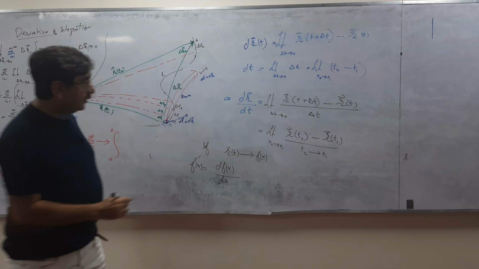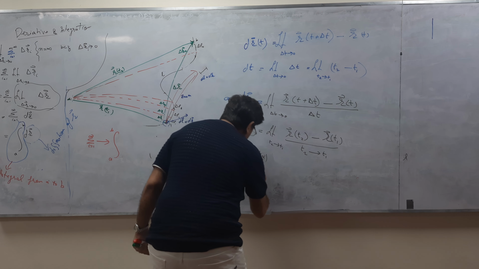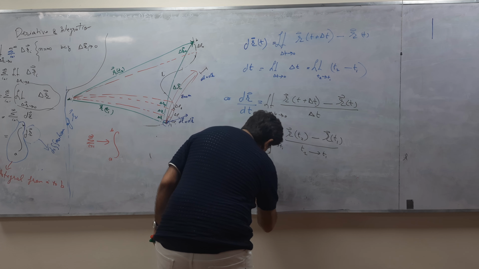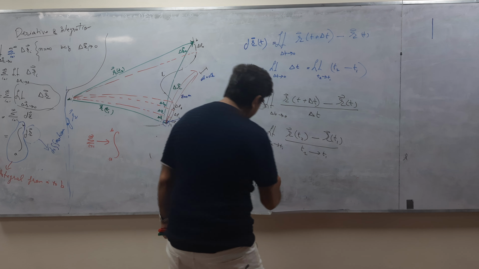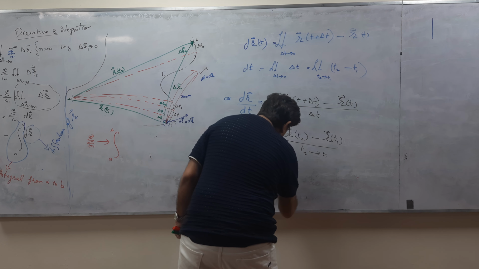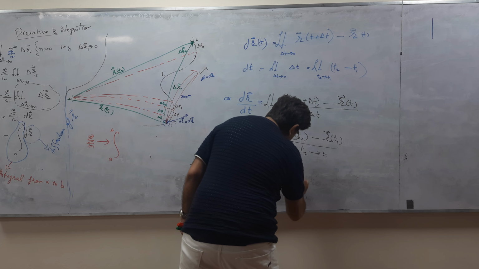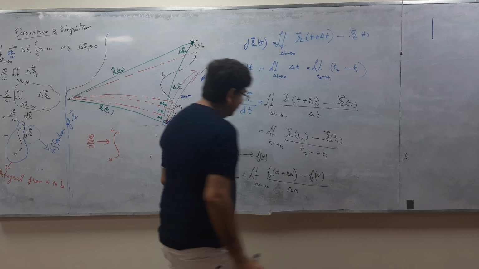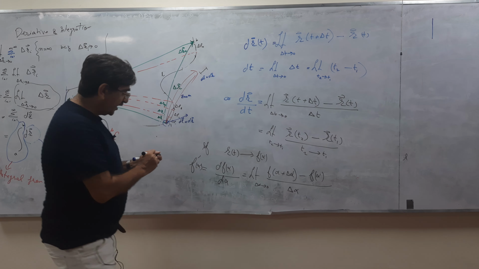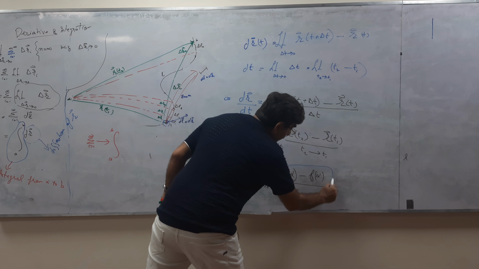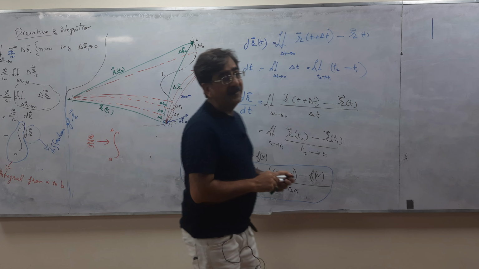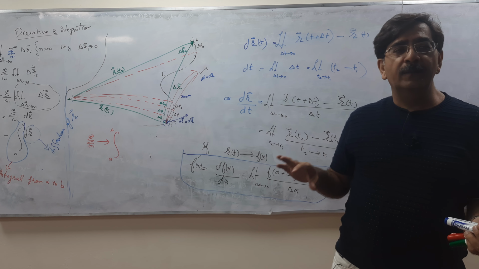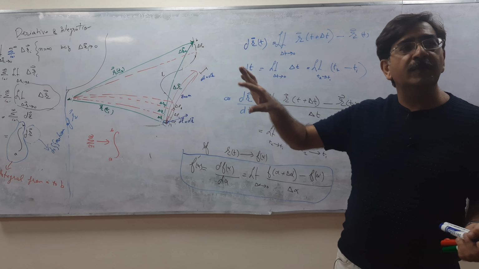That will be equal to the limit, so that is the proper definition of the derivative. Now I expect the concept of derivative and integration must be very clear to you.